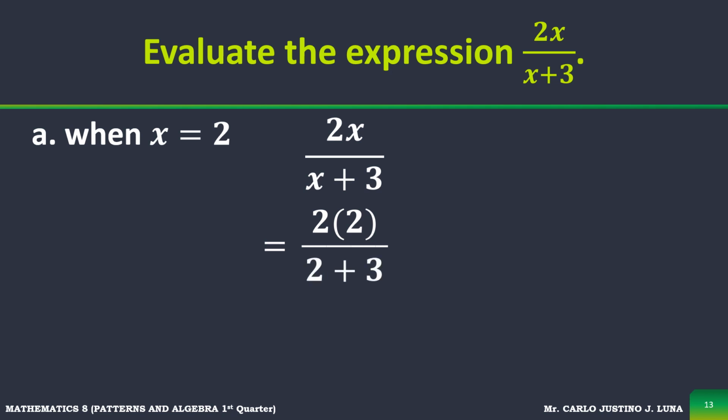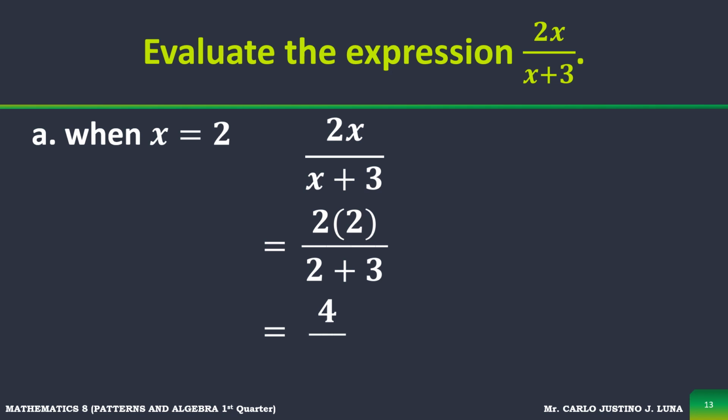After substituting the value of x, the next step is you have to solve. You have to simplify. Okay? So let's have the numerator. 2 times 2 is 4. And denominator natin ay 2 plus 3. Ano ang 2 plus 3?